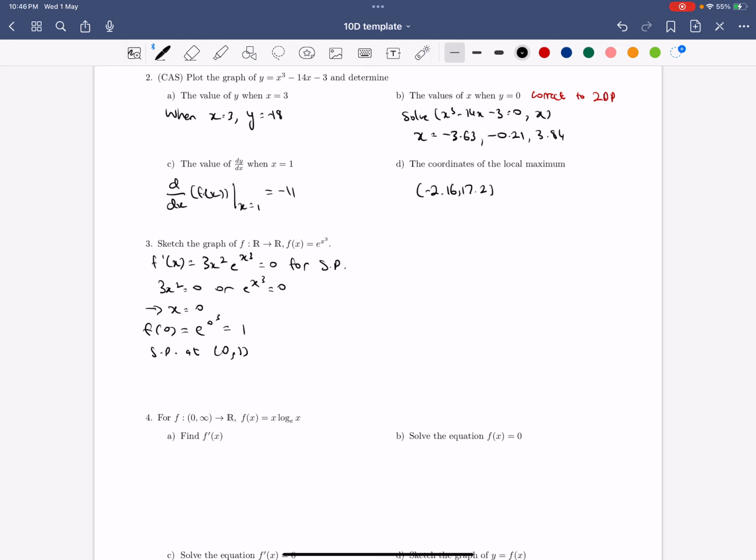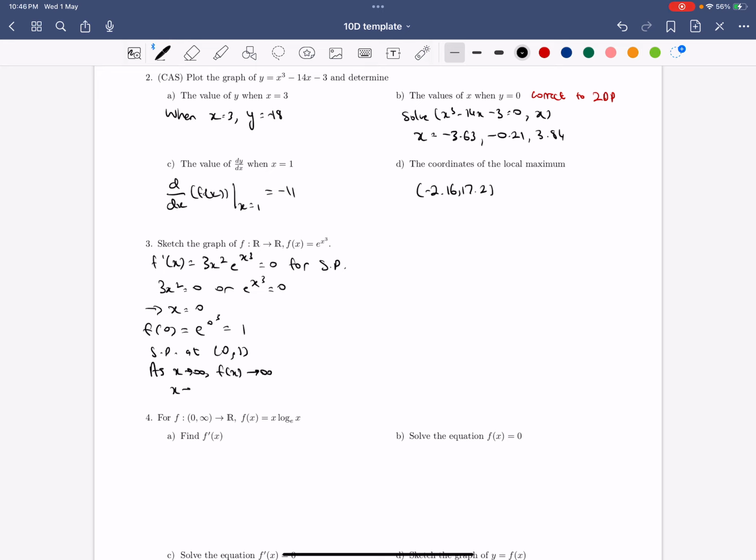And now the other interesting thing that we might want to consider is as x gets larger and larger, e to the x cubed gets larger and larger. So we can say, as x approaches infinity, f of x also approaches infinity.